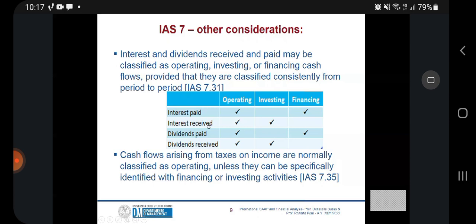From whatever investment you are making, you may earn different interests. For example, you have a deposit in the bank and you receive the interest on this deposit. The deposit itself is part of investing activities, as we previously mentioned, because a deposit in a bank is a financial instrument and is part of long-term assets.